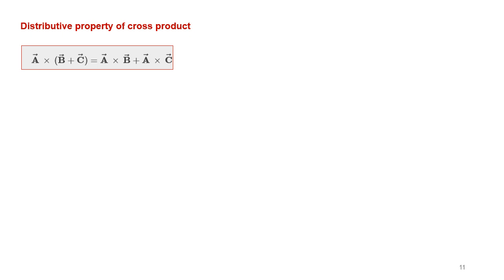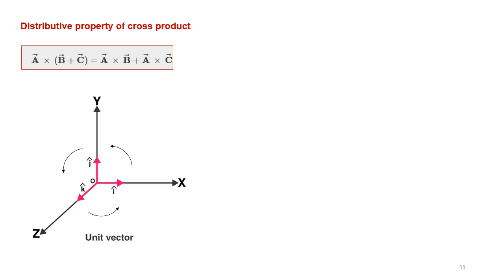But on the right-hand side, first you take A cross B, then you take A cross C, then you add. So both results are the same. Taking the cross products first and then adding, or first adding and then taking the cross product, doesn't matter.